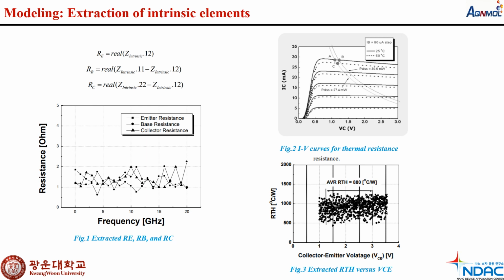And figure number 3 is showing the extracted RTH versus VCE. It means the thermal resistance is defined as the rise of junction temperature above the temperature of any reference point, and it is measured at 25, 50, 75 and 100 degrees Celsius as seen in figure number 3. The extracted thermal resistance is 88 degrees Celsius.